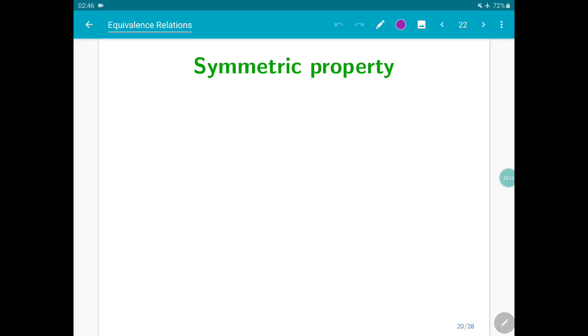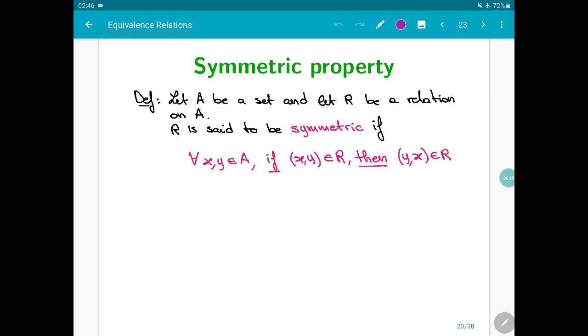Symmetric property. Okay, I copy again here what we said previously. So remember, given a set A and a relation R on A, R is said to be symmetric if for every couple of elements x, y in A, whenever (x,y) is in R, then you want also (y,x) to be in R. Okay, so let's start from the following exercise.